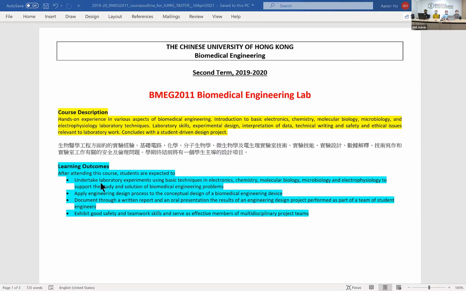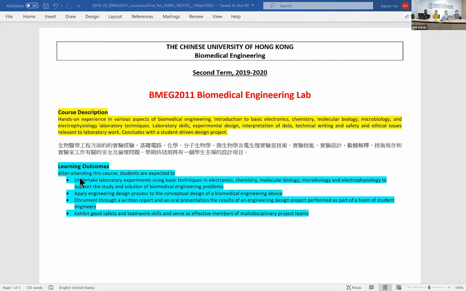Our university is bilingual, so each course document has both the Chinese and the English version, but predominantly, in our engineering faculty, we use 100% English. You can also see the blue highlighted part, what we call learning outcomes.